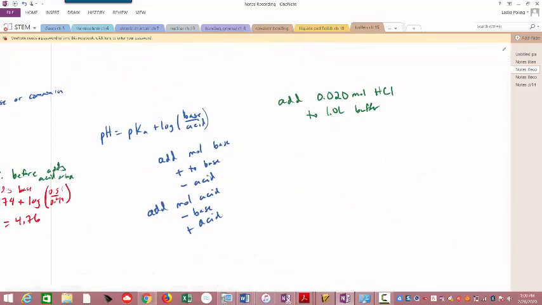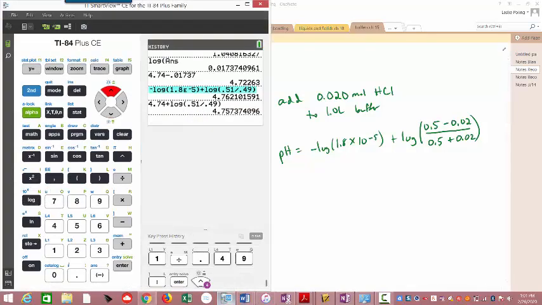But because of the Henderson-Hasselbalch equation, we only have to do pH equals negative log of 1.8 times 10 to the minus 5 plus log of 0.5 minus 0.02 over 0.5 plus 0.02. Okay, and our calculator will handle literally just plugging this whole thing in, as long as we're careful and use the proper parentheses.